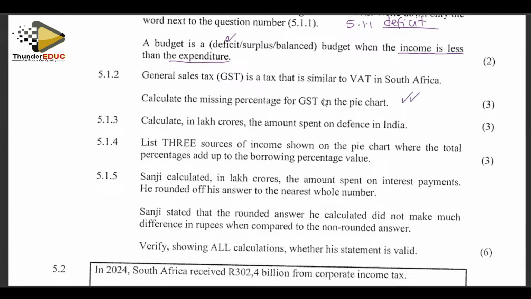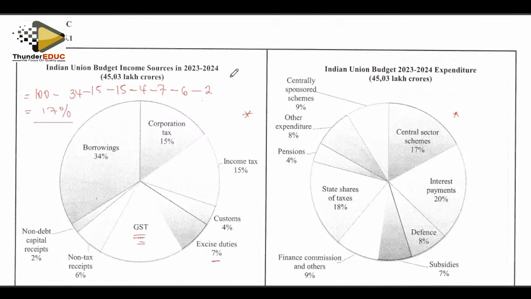It's 17%. Calculate the amount paid on defense in India. Now, when we come here, the amount spent, remember, amount spent, expenditure, not income. So on defense, it's 8%. But how much money are they looking at? They're looking at 45.03 lakh crores.